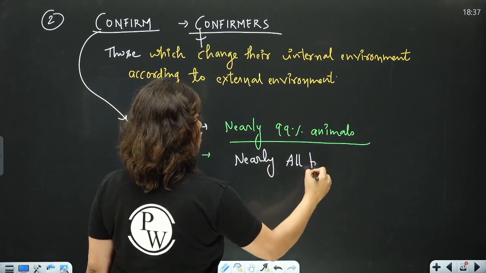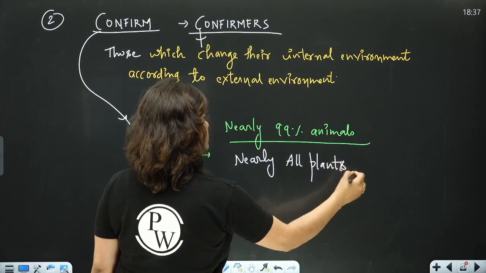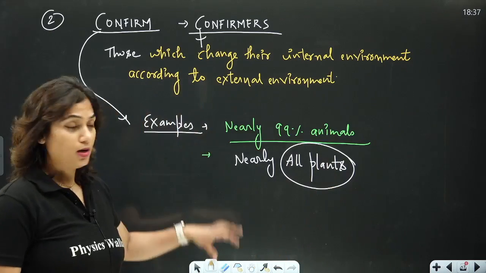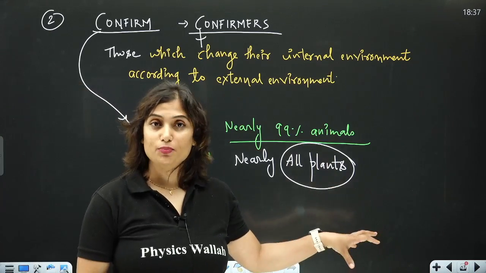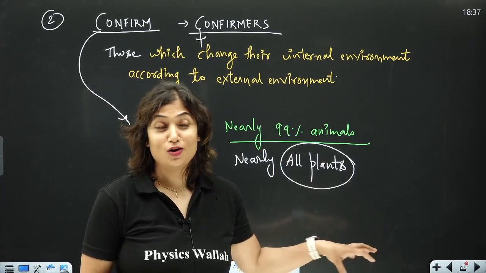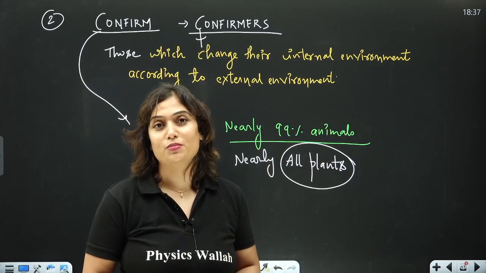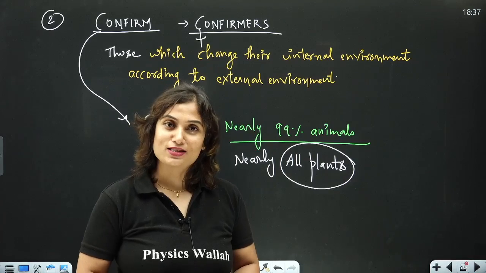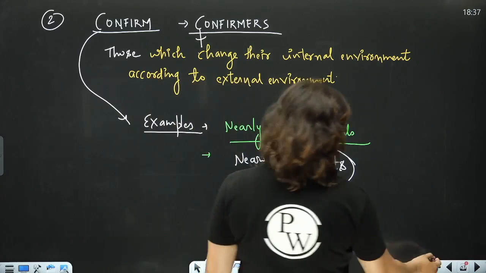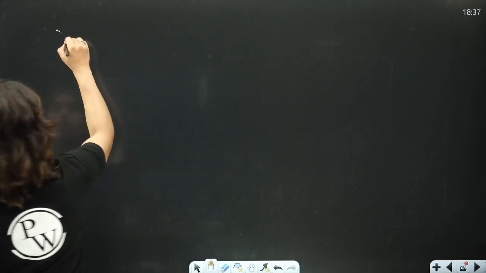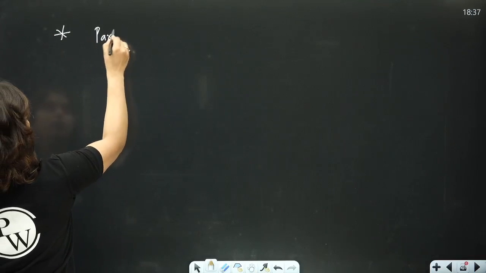They cannot maintain their internal environment because it is very expensive. And then comes a third category that is called the partial regulators.